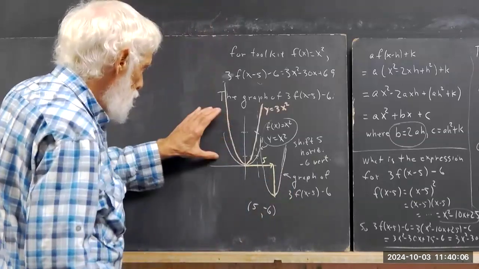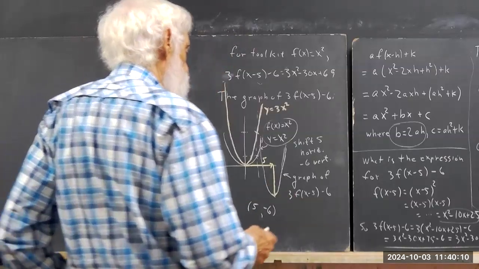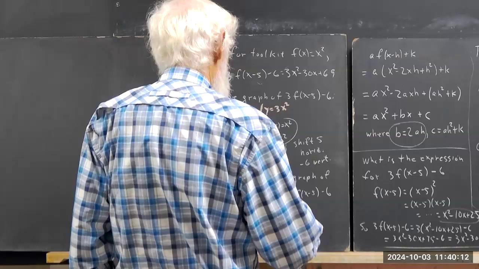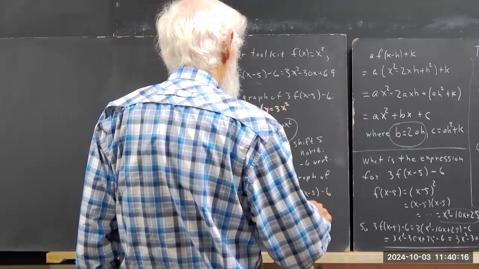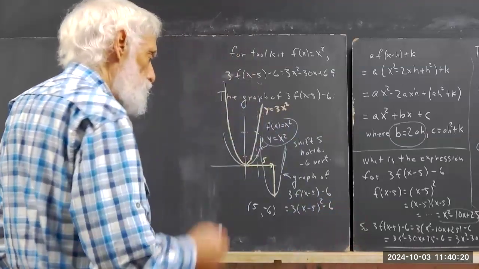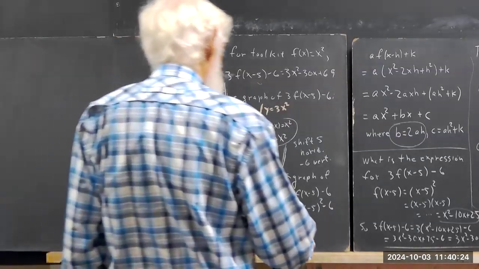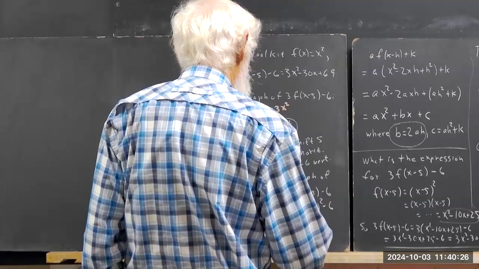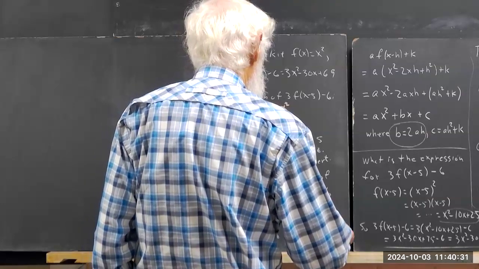This graph has been moved out of these positions. To graph 3f of x minus 5 minus 6, which is 3 times quantity x minus 5 squared minus 6, which we found to be 3x squared minus 30x plus 69.